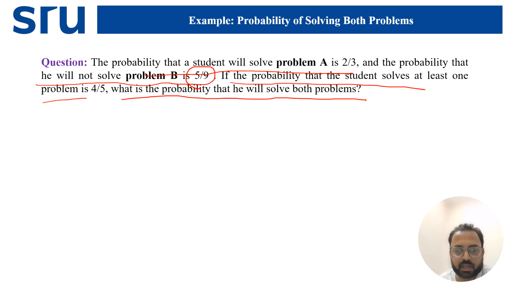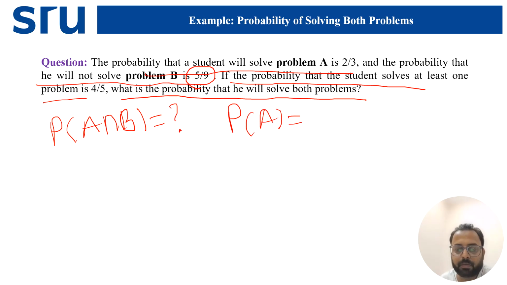So here we need to find P of A intersection B. P of A is given: probability of solving problem A is 2 by 3. And probability of not solving problem B is given, so P of B complement is 5 by 9.